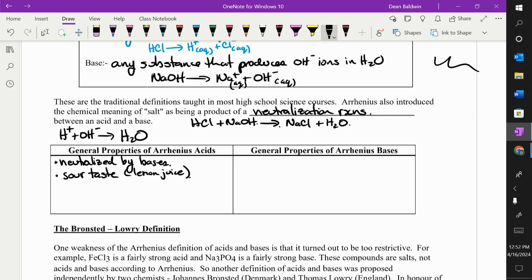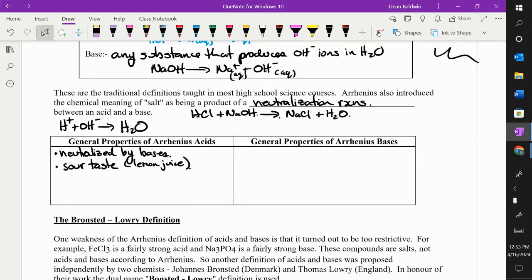I think people have a general sort of aversion to acids and bases. I hope. Acid, anyway, tends to indicate danger, right? You can be burned by a base, like a really strong base.